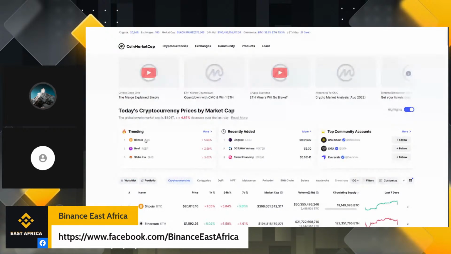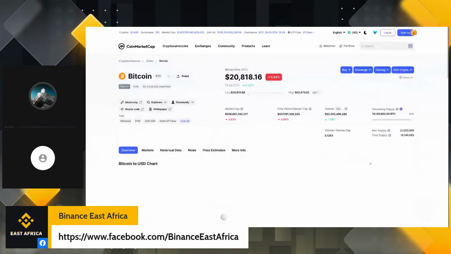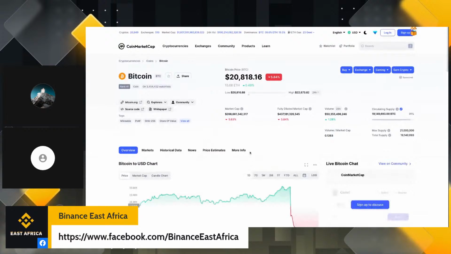When you say tokenomics, you need to understand the economics of cryptocurrencies. The main important thing is located right here where I'm hovering my mouse: the market cap, the fully diluted market cap, the volume, then the circulating supply, the maximum supply, and maybe the white papers to give you a bit of an idea of what to look for.